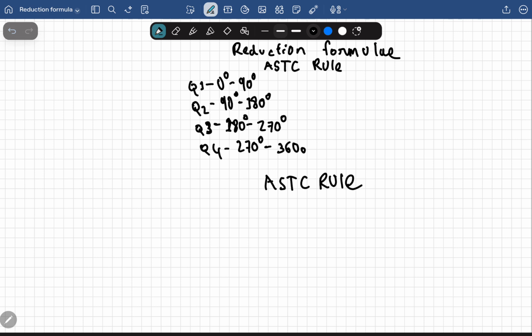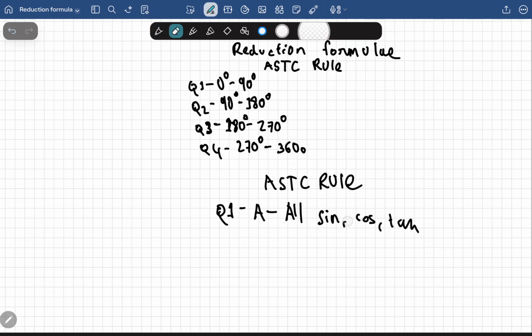In the ASTC rule, quadrant 1 is A, so all. It can support all of these, and when I say all, I'm saying sine, cos, and tangent.